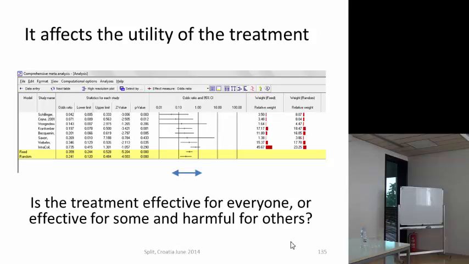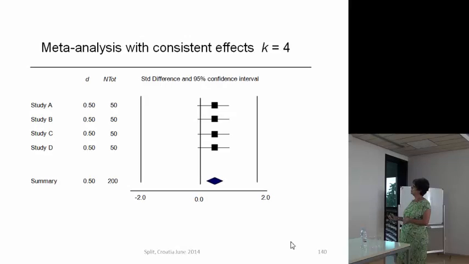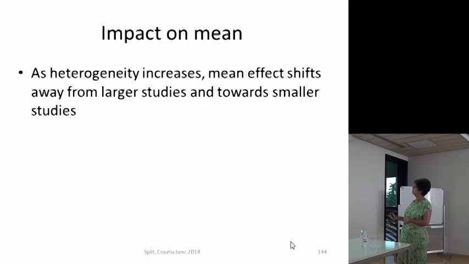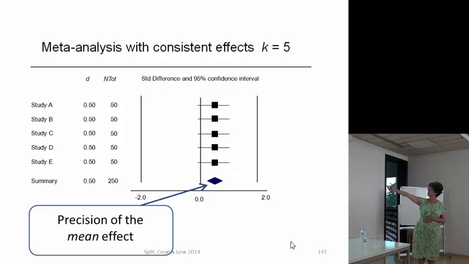But still, there seems to be quite a big difference in how much it's going to help. In some cases, we could see in this case, for example, that although it helped in 3 of the studies, in one study it had no impact whatsoever, and in another study it was actually harmful.